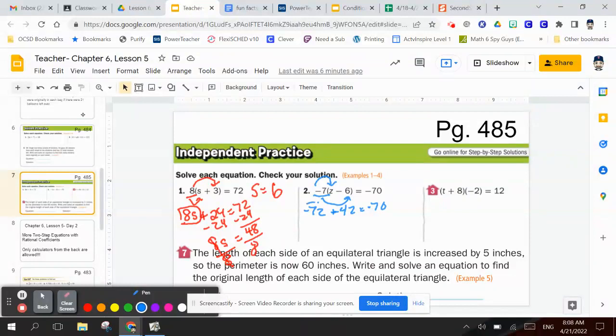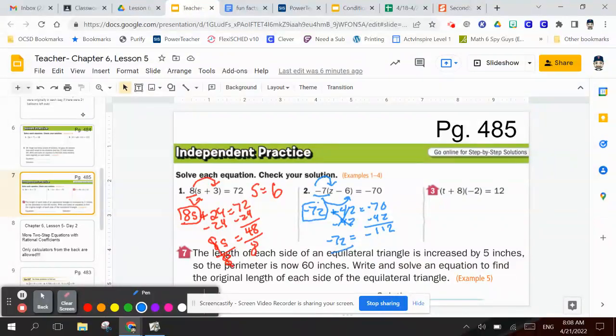So to get my variable by itself, I subtract 42 from both sides. Negative 70 minus 42 is a negative 112. Those cancel out. And that equals negative 7z.